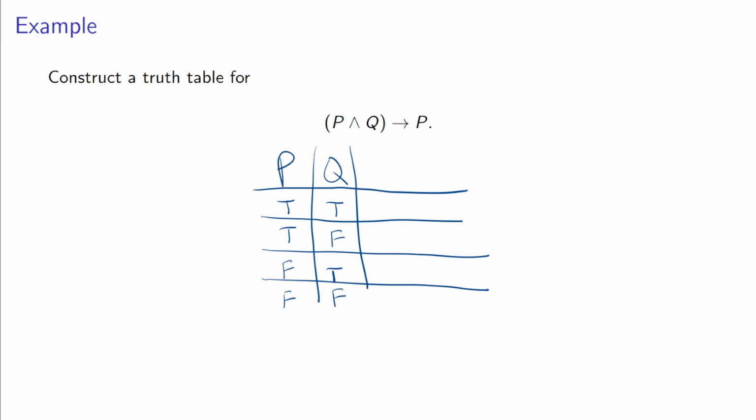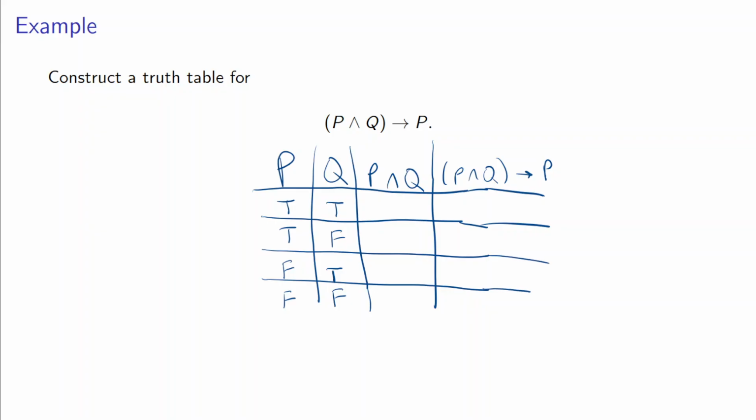And then we want to construct the truth table for if P and Q, then P. So we break this down into some parts. We can have a P and Q part, and then we can have the if P and Q, then P. So now we just go through.